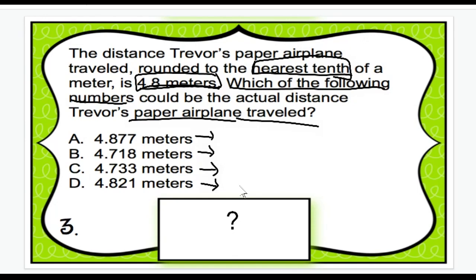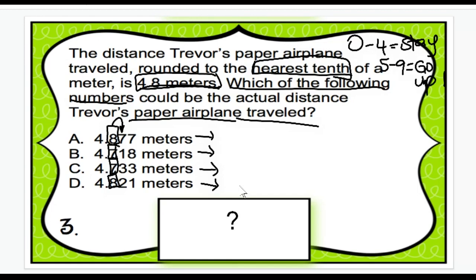So if I want to round to the nearest tenth, that means I need to look for the tenths place. For all of these, the tenths place is the first number right after the decimal. And then for rounding, I look to the right. The right is the 7. I remember that if I have 0 to 4, I stay the same. Stay. And if I have 5 to 9, I go up 1.